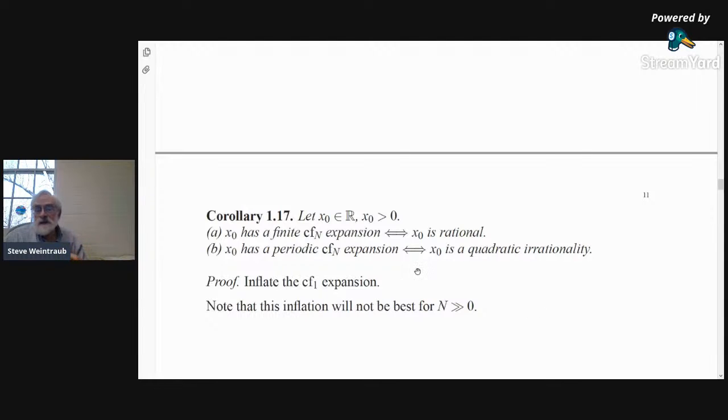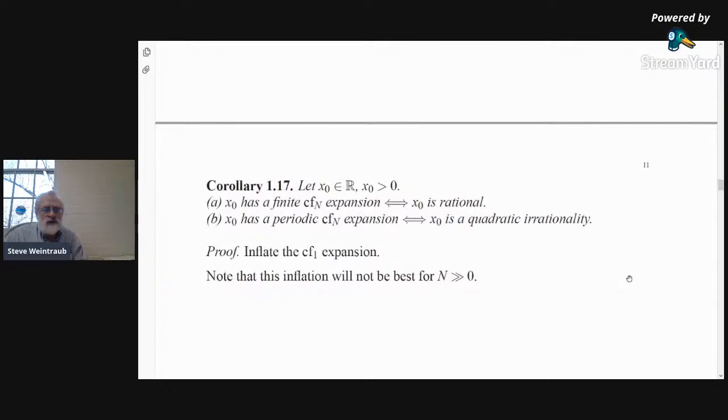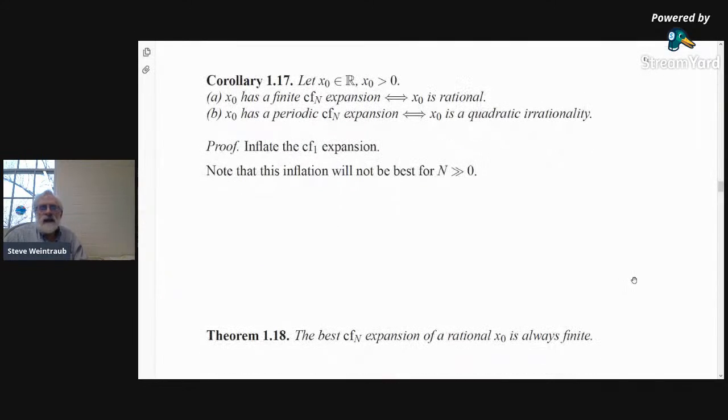Inflation may produce periodic expansions for a while, but sooner or later it's going to run out, and we won't get periodic expansions. Okay, so I said that what we're really interested in is best expansions, right? They're the really natural expansions to look at, the best approximation numerically at any stage. And sure enough, it turns out that the best CFN expansion of a rational number is always finite.